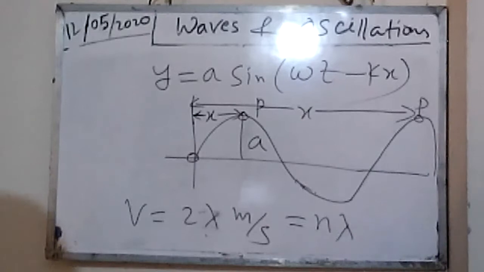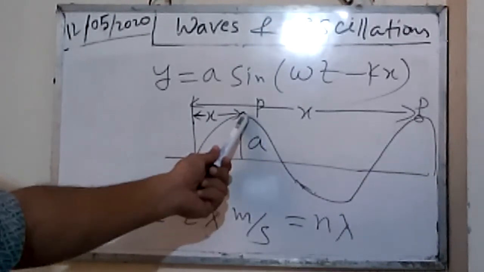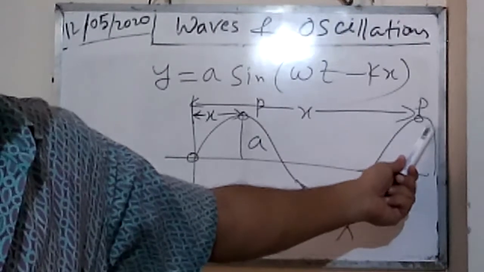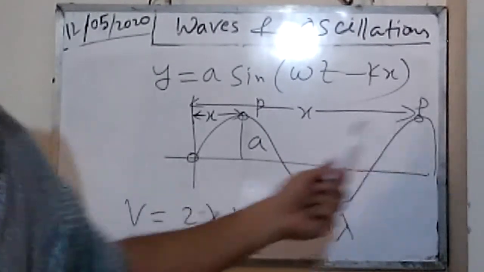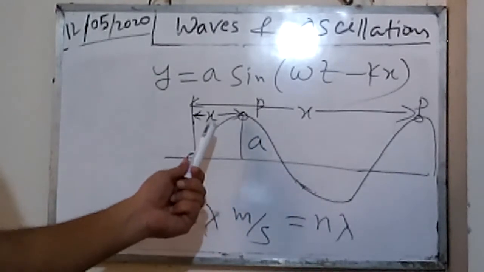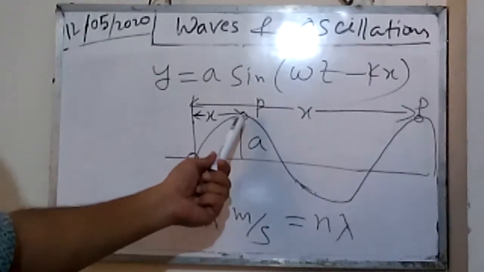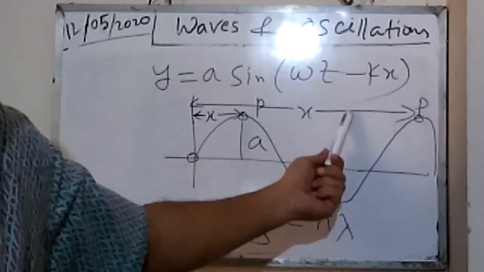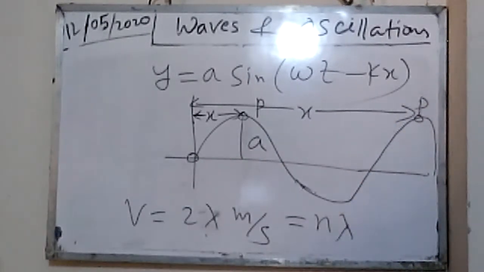The wave is moving means the crest is also moving. This is the first crest, this is the second crest. With the time moving, you will get the first crest and the second crest, and the x also changes.